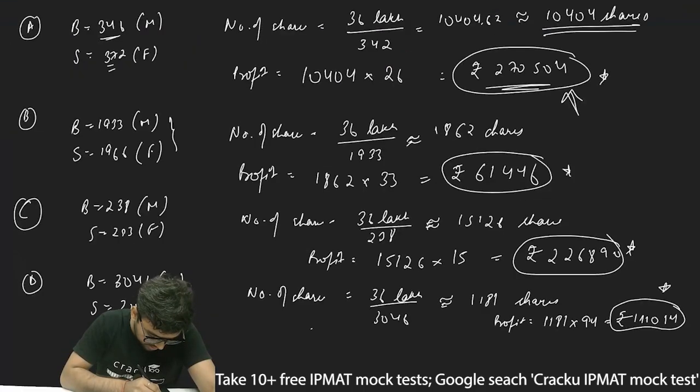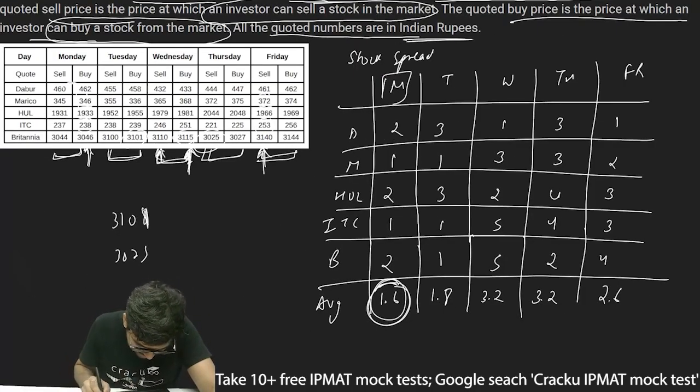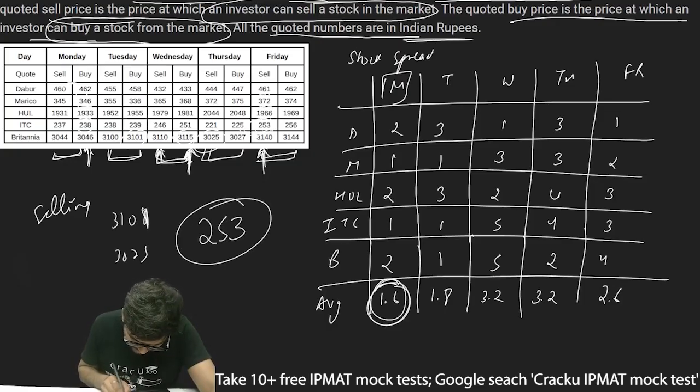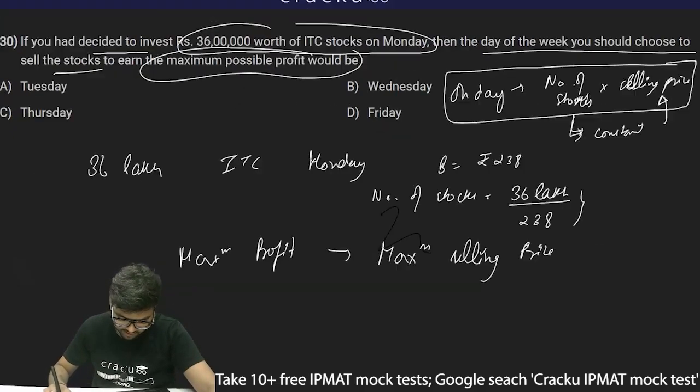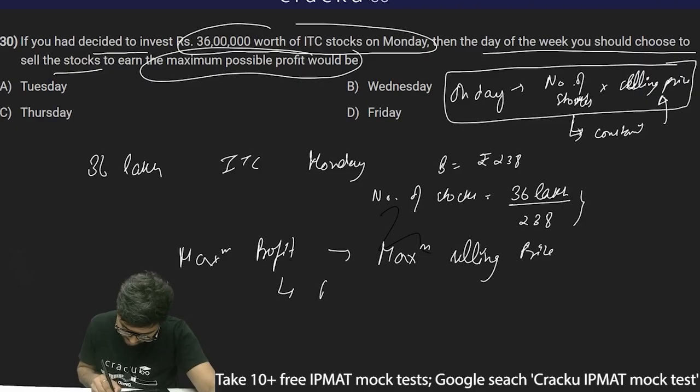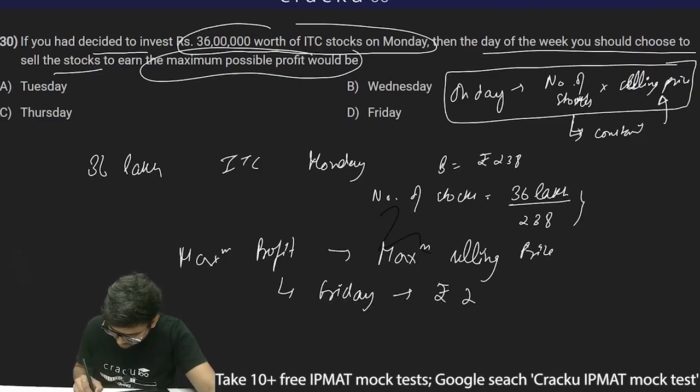If I look at the table, the selling price is 238 on Tuesday, 246 on Wednesday, 221 on Thursday, and 253 on Friday. So 253 is the maximum selling price for the ITC stock, and thus I would like to sell it on Friday, because on Friday the selling price is rupees 253.